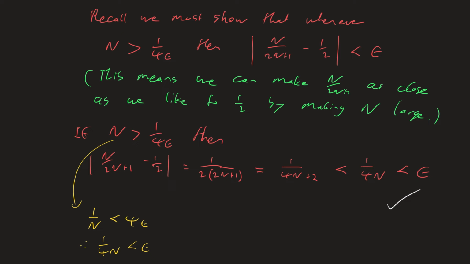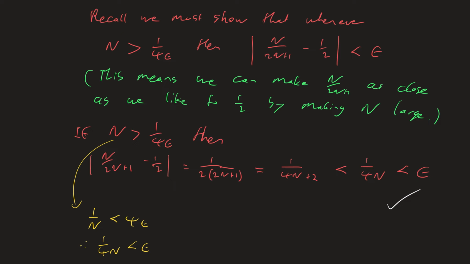Not surprisingly, the steps are going to be very similar to before. If n is greater than 1 on 4 epsilon, then that means 1 on n is less than 4 epsilon, which means 1 on 4n is less than epsilon, and we can use this in here. So how far away is n on 2n plus 1 from a half? Well, if we compute n on 2n plus 1 minus a half, we found that that was equal to negative 1 on 2 times 2n plus 1 in brackets. And when we take the absolute value, the negative sign goes away because the denominator is positive.